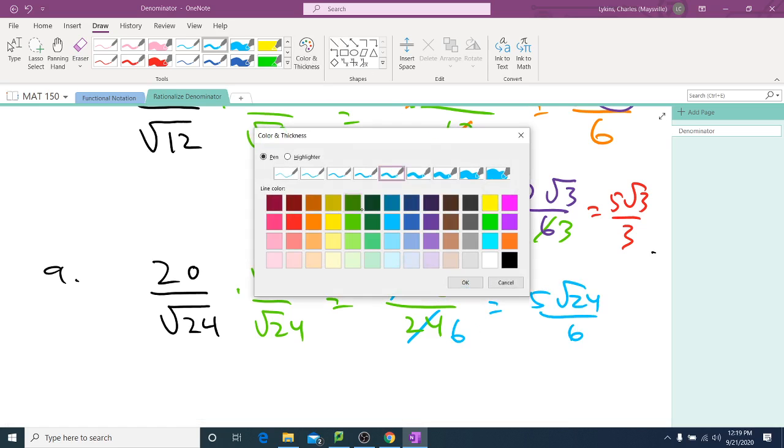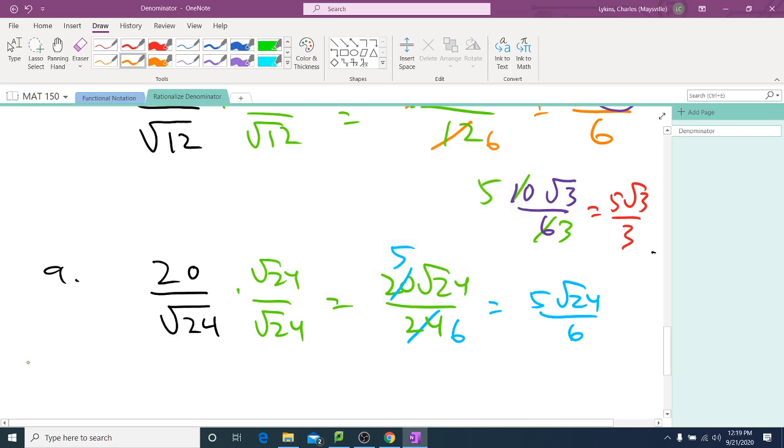Now, what is the square root of 24? Well, I'm going to put it over here. Square root of 24. Now, think of perfect squares. I'm thinking of 4. 4 can go into that 6 times. So then you take, okay, 4 is the perfect square, so it's going to be 2 square root of 6.